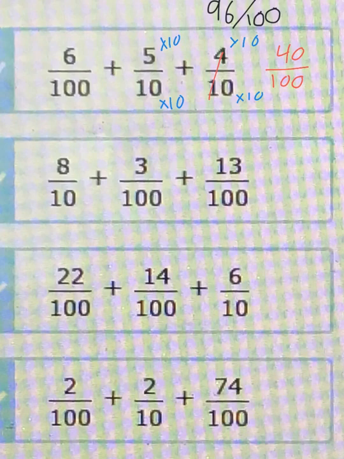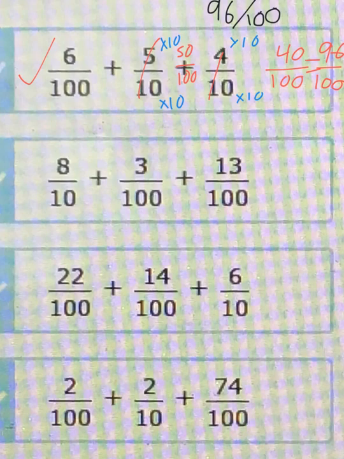This one, sorry, it's a little bit squished in here, but 5 times 10, 50 hundredths. And adding together, 6 plus 50 is 56, plus 40 is 96. So 96 hundredths. So that one works.